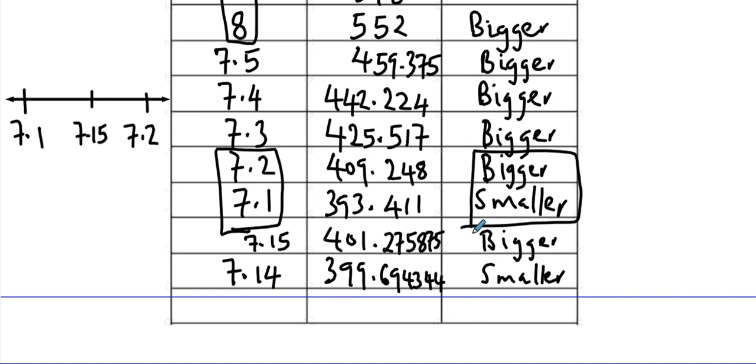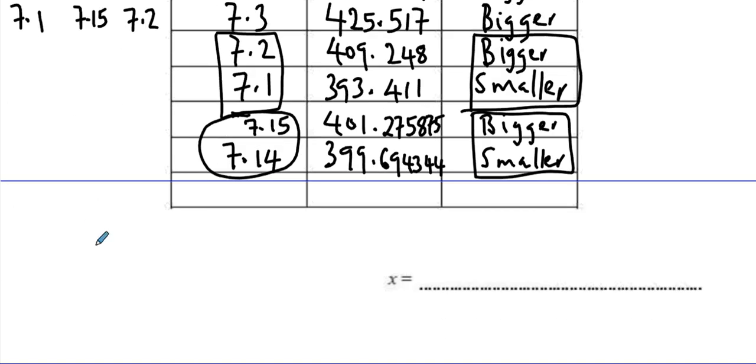Now since we have got the second contradiction, one bigger, another one smaller, there we stop. Now our answer is 7.15 and 7.14.